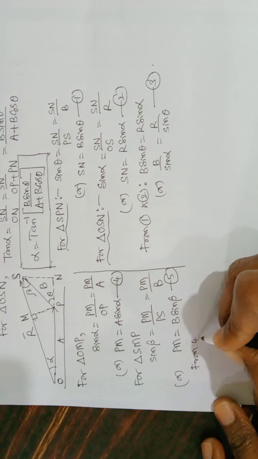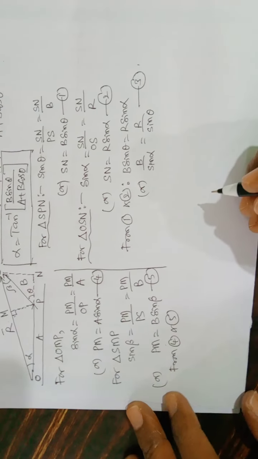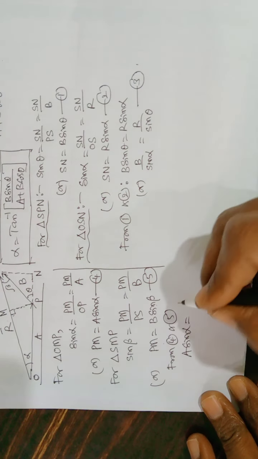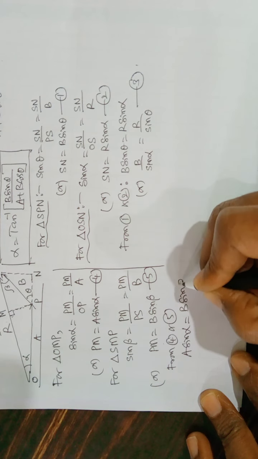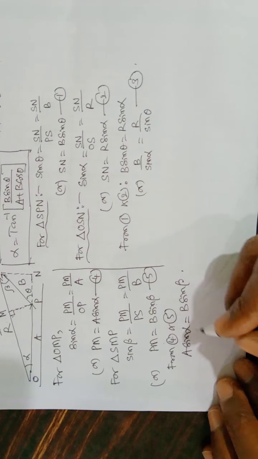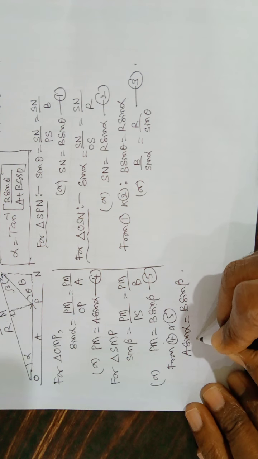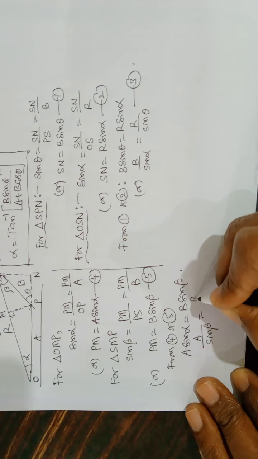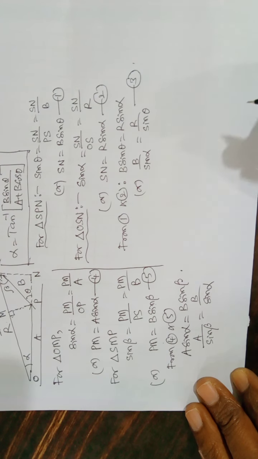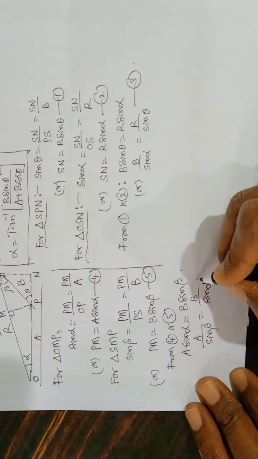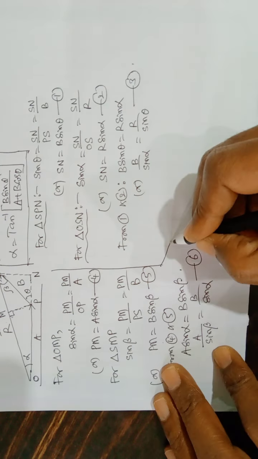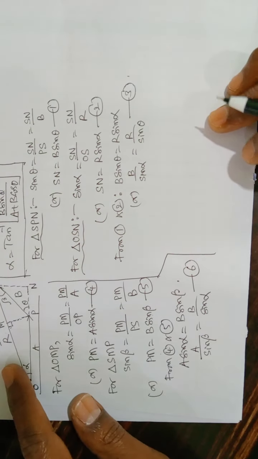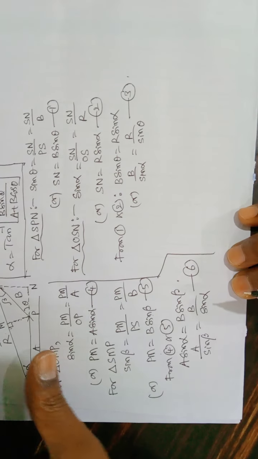So from 4 and 5 we can write A sin alpha is equal to B sin beta, or taking sin beta to the left-hand side, A by sin beta is equal to B by sin alpha. You can write it this way also. Suppose this is the sixth equation.